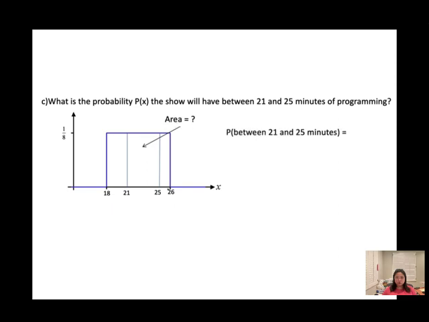So that will be the base, 25 minus 21, times the height of the rectangle. So that will be 0.5. Okay, so this example has a higher chance of being on your midterm too. So make sure you guys know how to do it and how to graph the probability distribution.